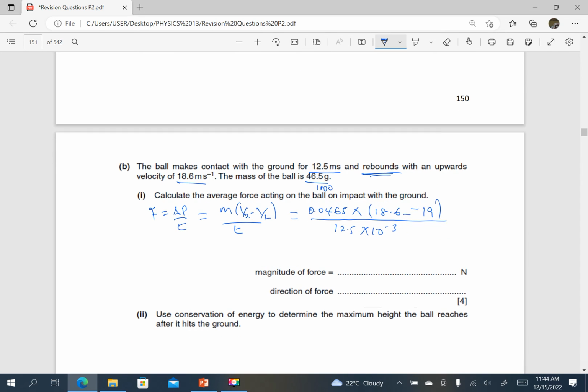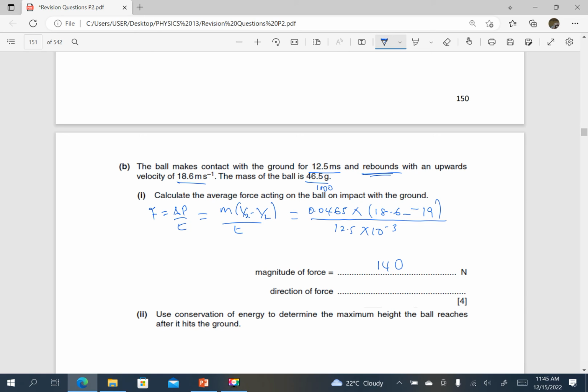So when I press my calculator, from my calculator, this is approximately 140.